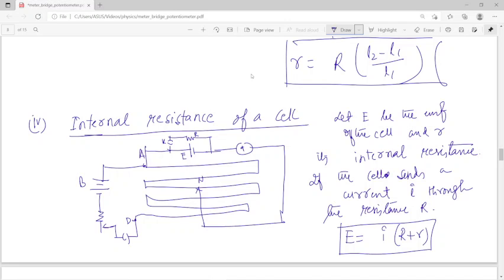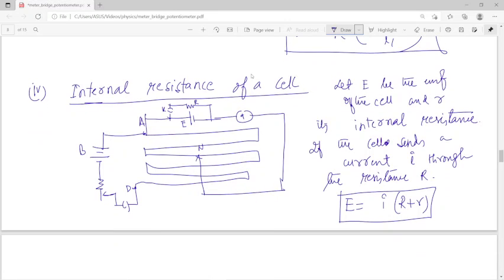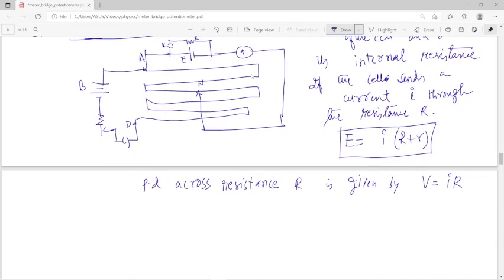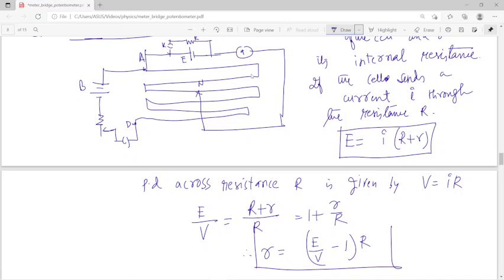And the potential difference across resistance R, say V, is V equals IR. Now if we find the ratio E by V, this is nothing but (R plus r) by R, or 1 plus r by R. So the small r can be found by (E by V minus 1) times R. So that is how we are finding the internal resistance.